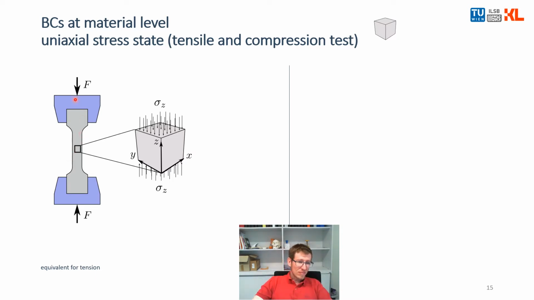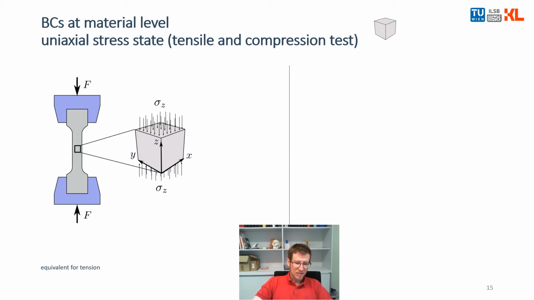And what is happening here? Via the clamps, force is applied and the clamps are clamping a sample, so there's compression stress. But then you have these shoulders here, and these shoulders are there to get rid of the complicated stress state in this clamping region.